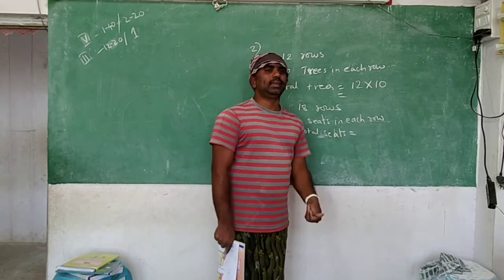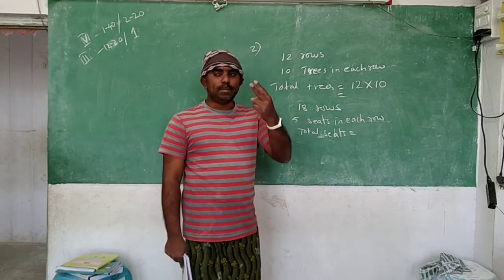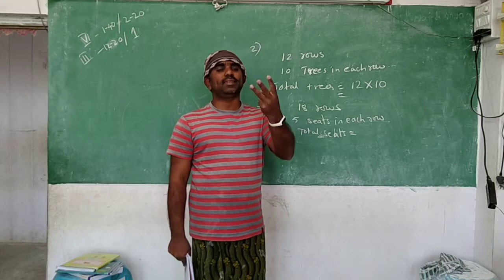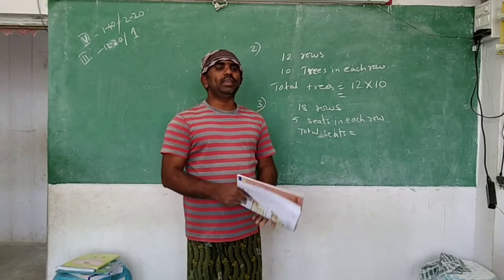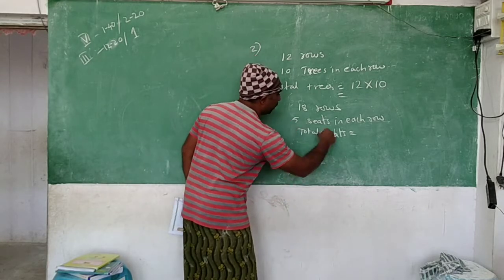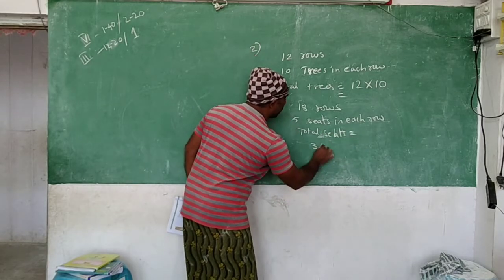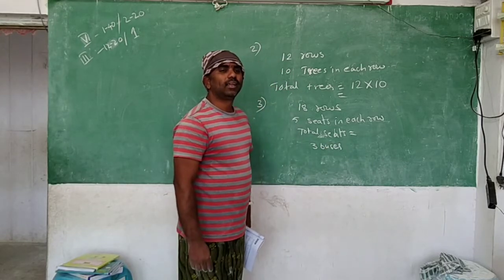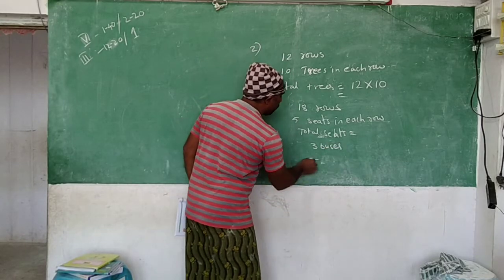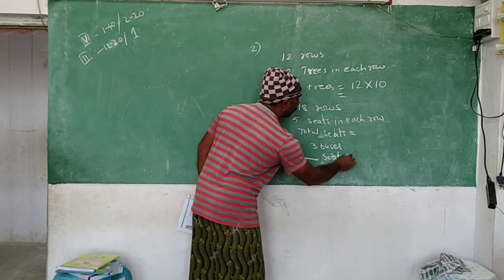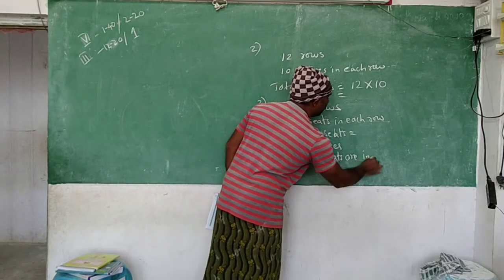After doing that, there are 3 buses like that. So how many children, how many seats, how many passengers will be there? After completing the answer, I am asking again, there are 3 buses. So how many seats are there? You are finding the answer in each bus.